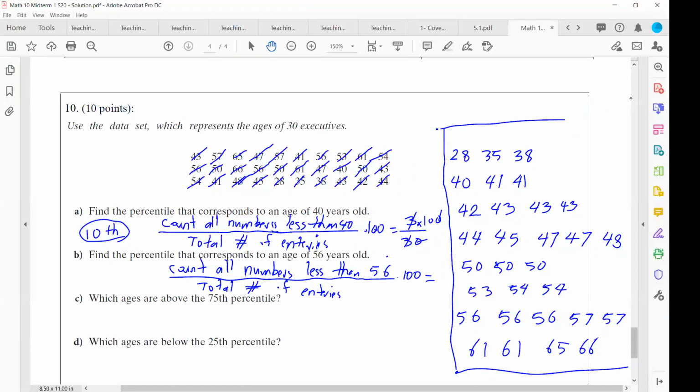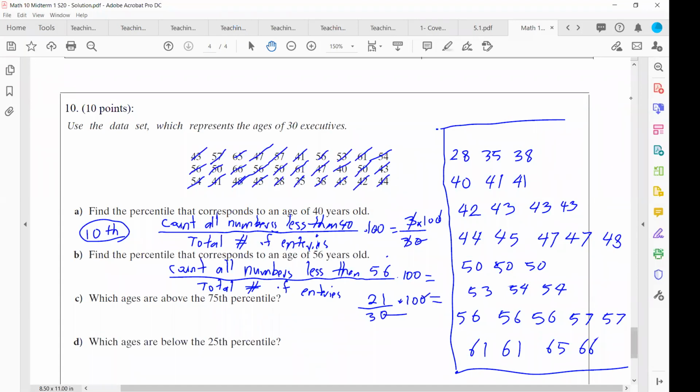Less than 56. So 1, 2, 3, 4, 5, 6, 7, 8, 9, 10, 11, 12, 13, 14, 15, 16, 17, 18, 19, 20, 21. 21 divided by 30 times 100.